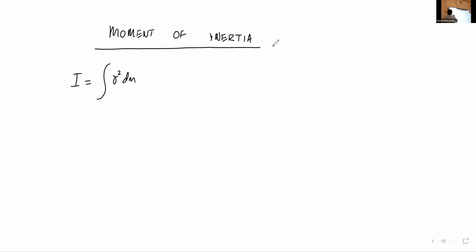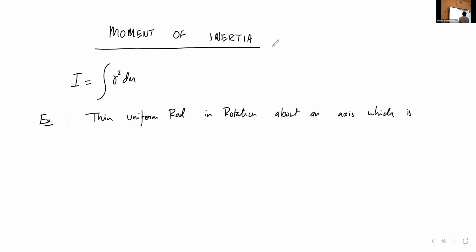For example, if we have a thin uniform rod in rotation about an axis which is its perpendicular bisector, then what about its moment of inertia? So, a thin uniform rod of mass m and length l.